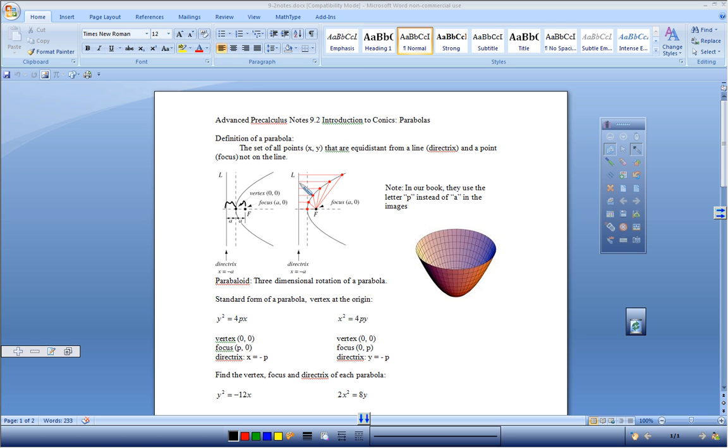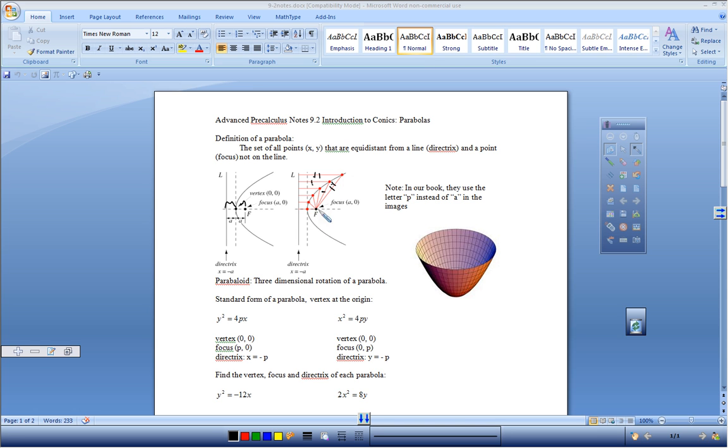So if I go perpendicular to the directrix, this distance right here is the same as this distance right here.